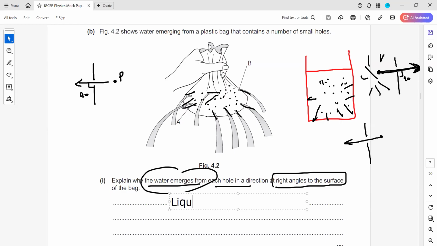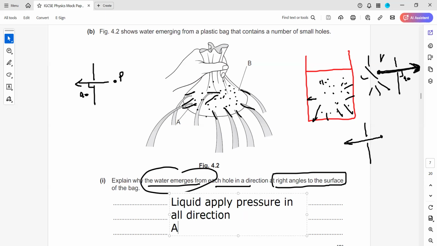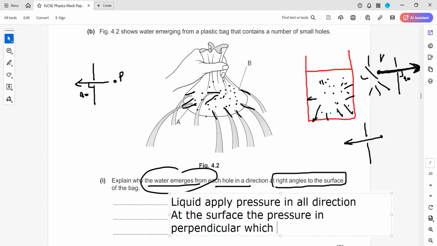So the liquid applies pressure in all directions, and at the surface the pressure is perpendicular, which forces the particles to move at a right angle.